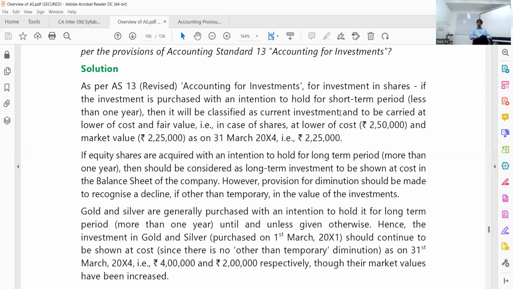Hence, the investment in gold and silver purchased on 1st March 2081 should continue to be shown at cost, which is 4 lakh rupees and 2 lakh rupees, since there is no other than temporary diminution as on 31st March 2084, though their market values have increased. Don't record the increase. Even if it's a fall, don't record the fall unless the fall is other than temporary.